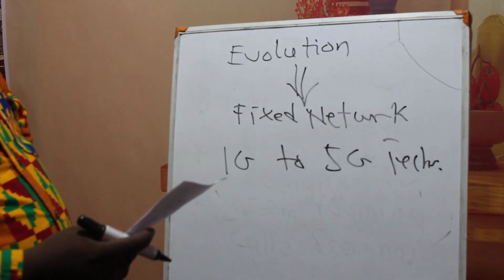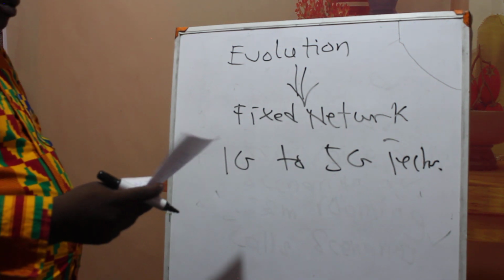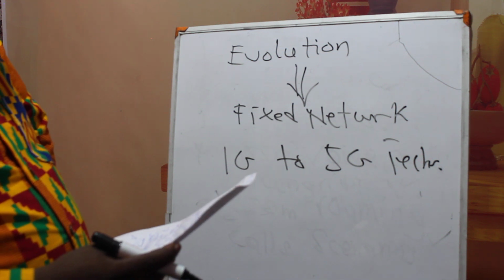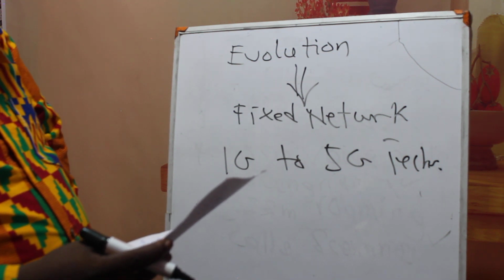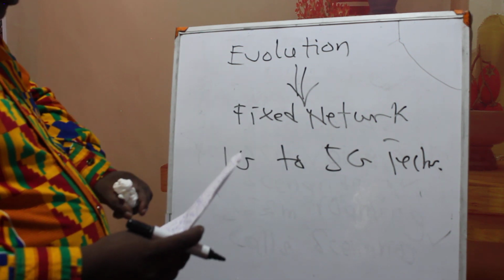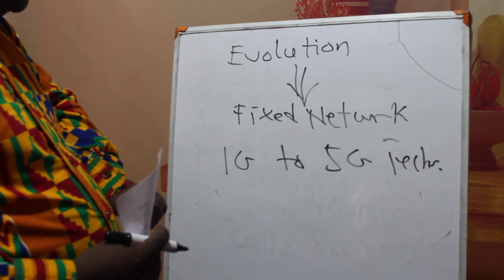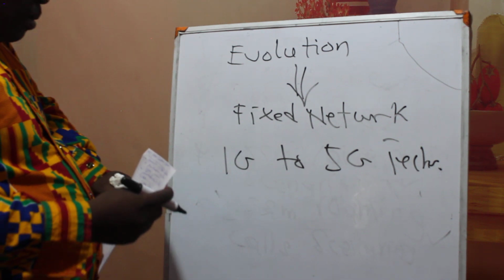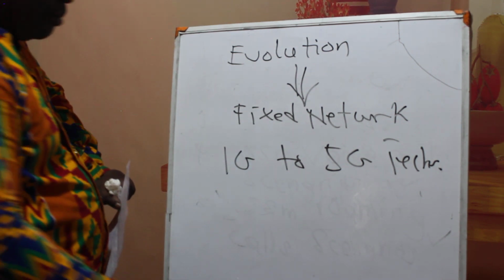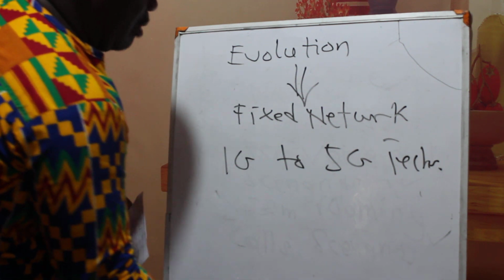Then the next thing is we'll look at the need for GSM and why it overtook fixed line network. So that is what we should be able to understand under the evolution of the GSM infrastructure.